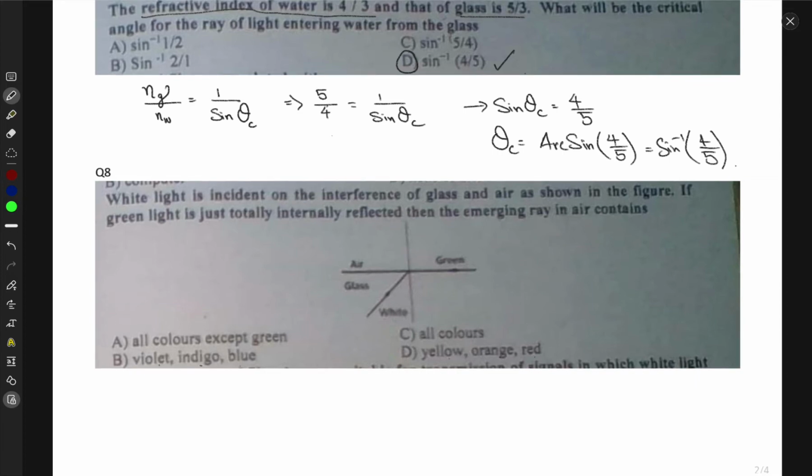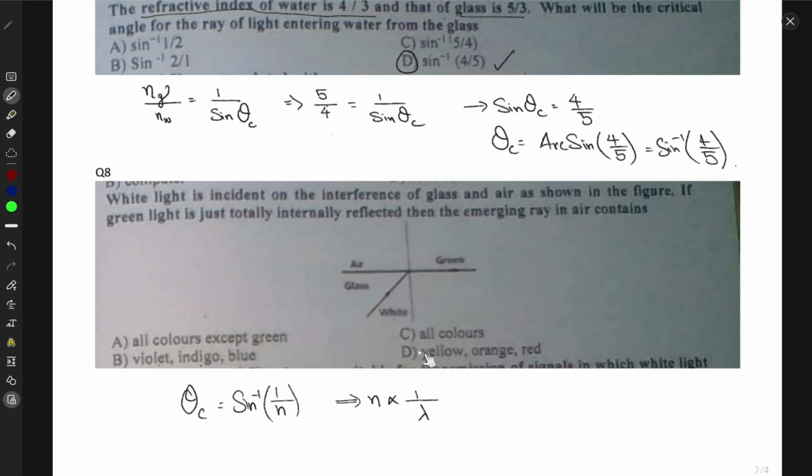Alright, so let's think in terms of the critical angle. We have theta c, which, as we saw, is sine inverse of 1 over n. Now n, the refractive index, is inversely proportional to lambda. Now let's think about yellow, orange, and red.